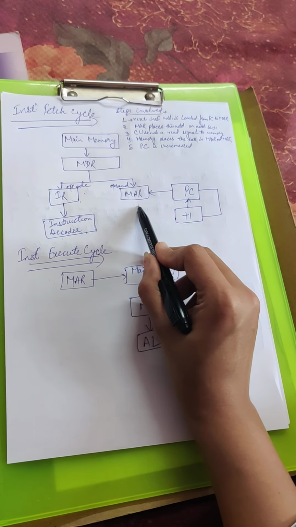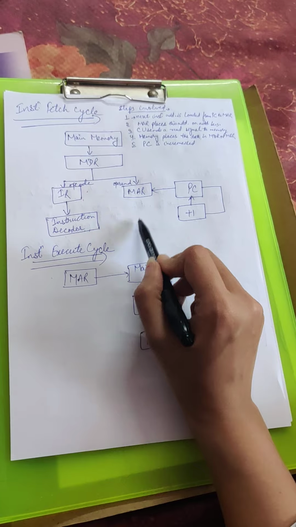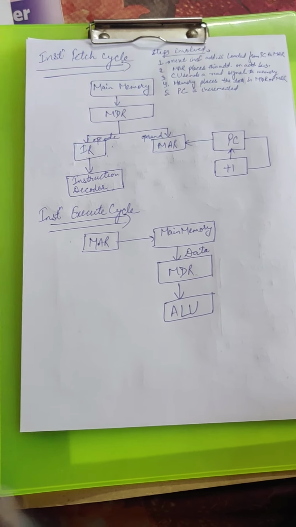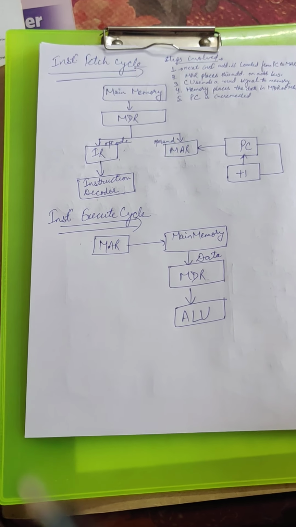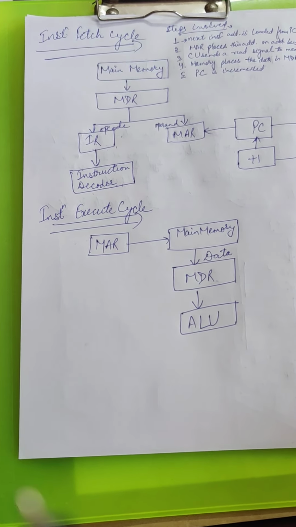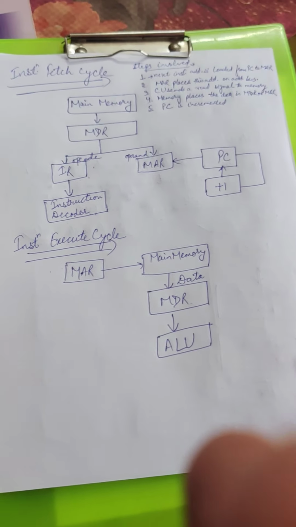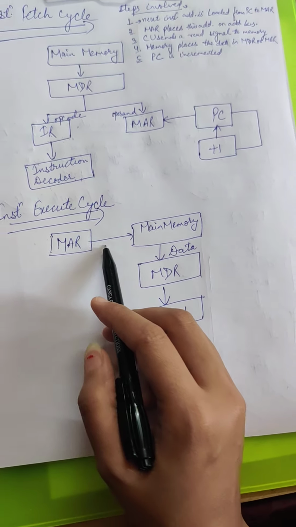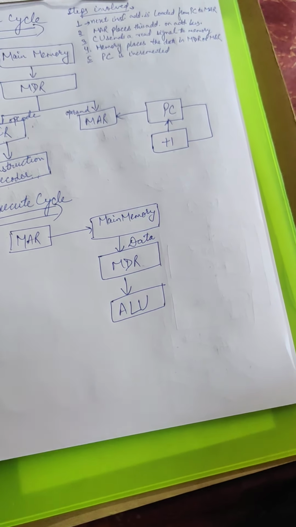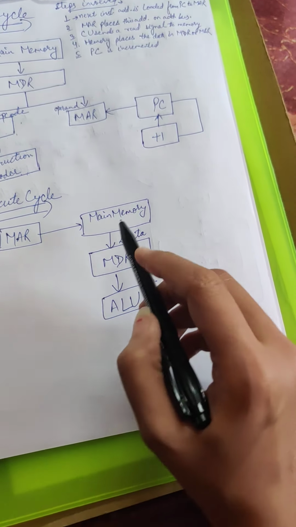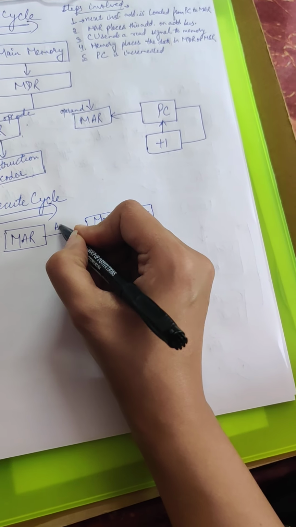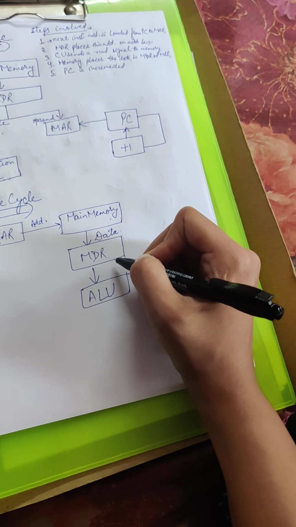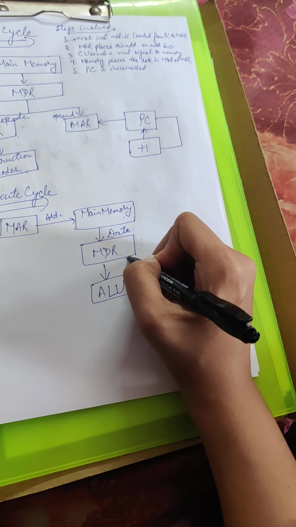And after fetching this instruction, the next step is to execute it. And how will this instruction execute? After the fetching and decoding operation, the instruction cycle begins to transfer the address from MAR to main memory, and from there the data is transferred to MDR, the memory data register.